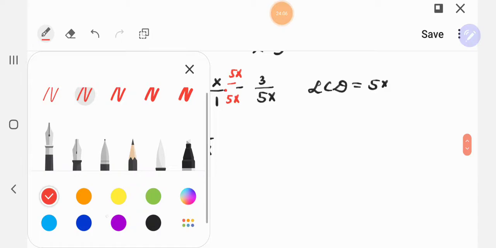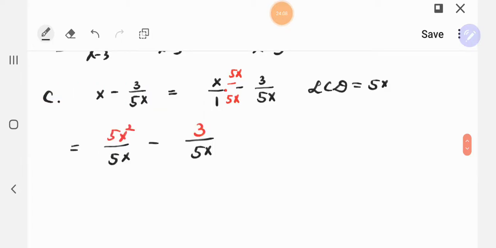So we rewrote the fractions in terms of the LCD. Since the LCD is the same, we add the numerators. And the numerator cannot be factored, so that's it.